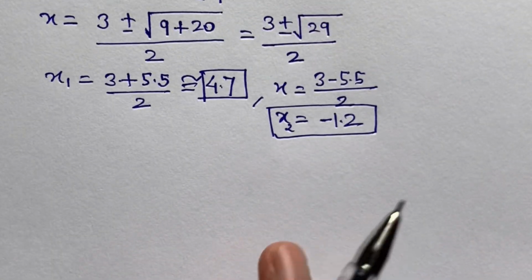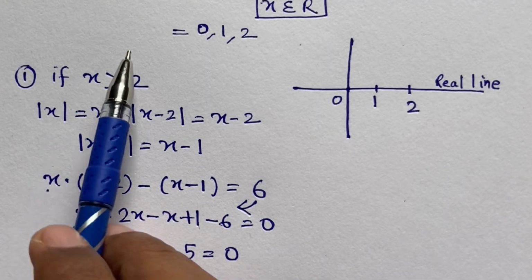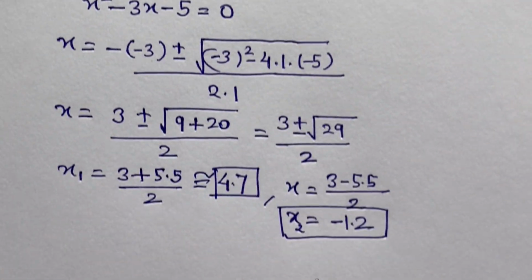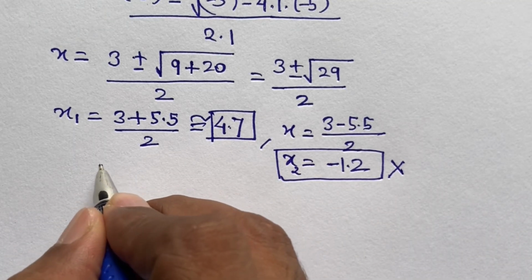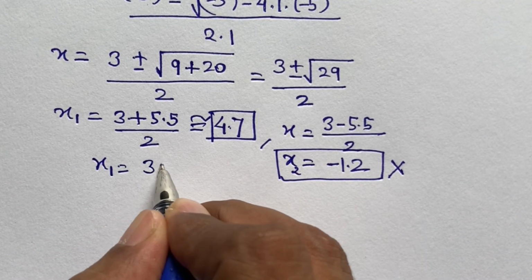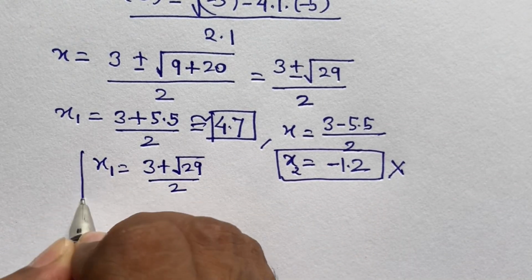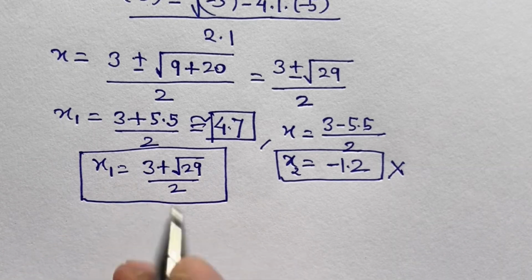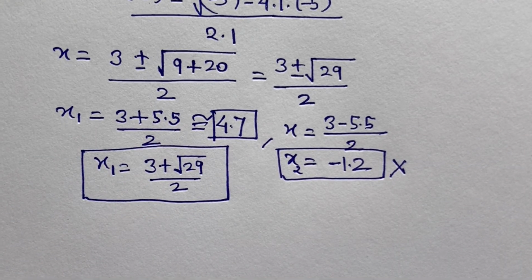However, x = −1.2 does not fall in this condition, so it's not a solution. So x1 = (3 + √29)/2 is a solution when the condition is x ≥ 2.